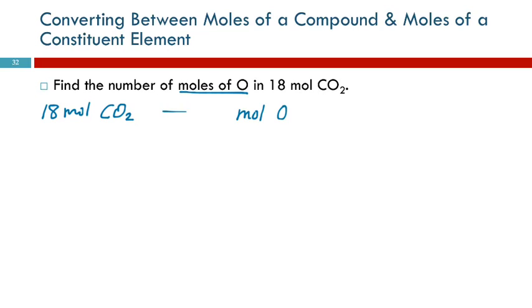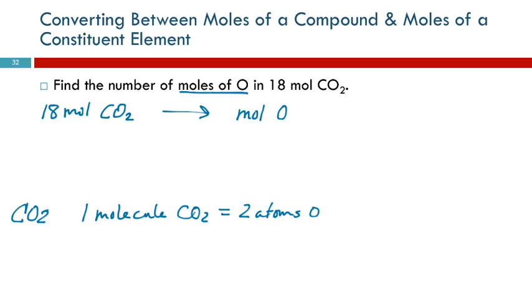We can do this in 1 step. When we look at CO2, from its formula, we see that 1 molecule of CO2 contains 2 atoms of oxygen. You okay with that? That's what the O2 means, 2 O's.